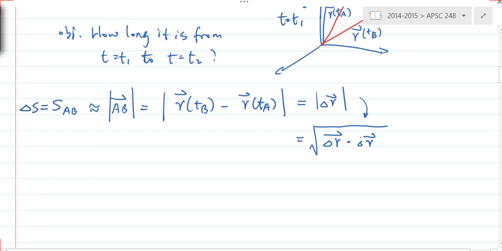Now, to be more redundant, I'm going to divide this by delta t. Basically, I'm modifying this one here, dividing by delta t. What did I add? I added a 1 over delta t squared here.